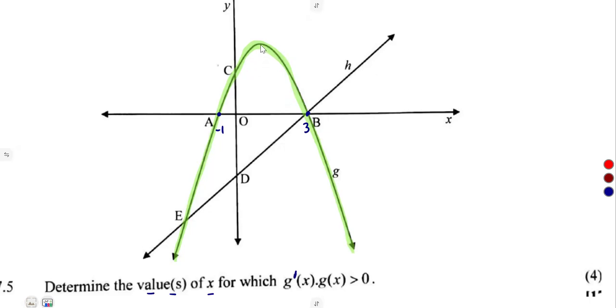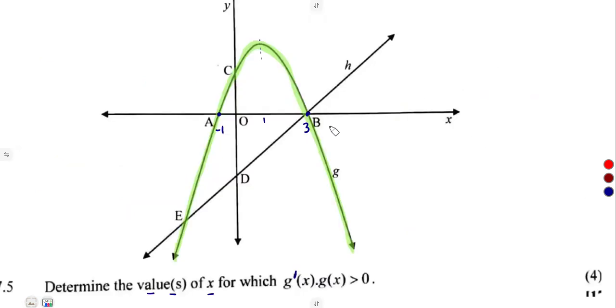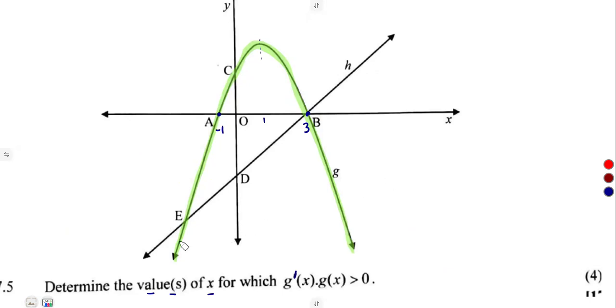And the value of x at the turning point was corresponding to 1. All right, so those are the most important. So considering f of x, we are going to indicate our critical values at the x-intercepts. On our g of x, the x-intercept is at what? -1.